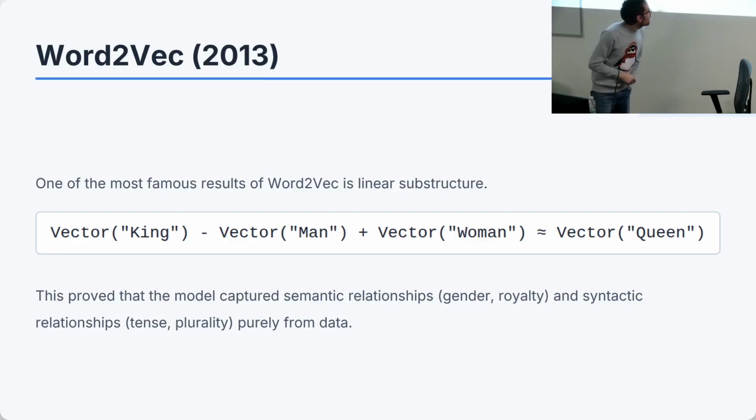They noticed that we take the word king and ask the neural network for its representation, which we don't know why it is made in such a way. Then we ask the neural network for the representation of the word man.